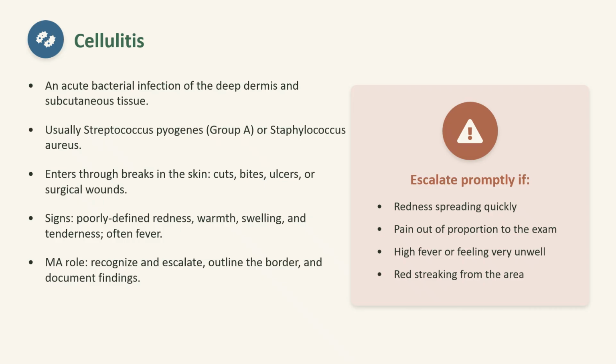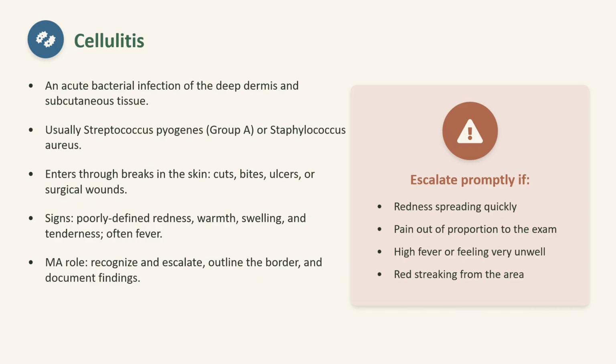Clinically, cellulitis looks like a warm, red, swollen, tender area with edges that are poorly defined and spreading, and patients often run a fever. Now look at the red card on the right, because this is the part that protects patients. Escalate promptly. Get the provider. If the redness is spreading quickly, if the pain seems far worse than the skin looks, if there's a high fever, or if you see red streaking running away from the area.